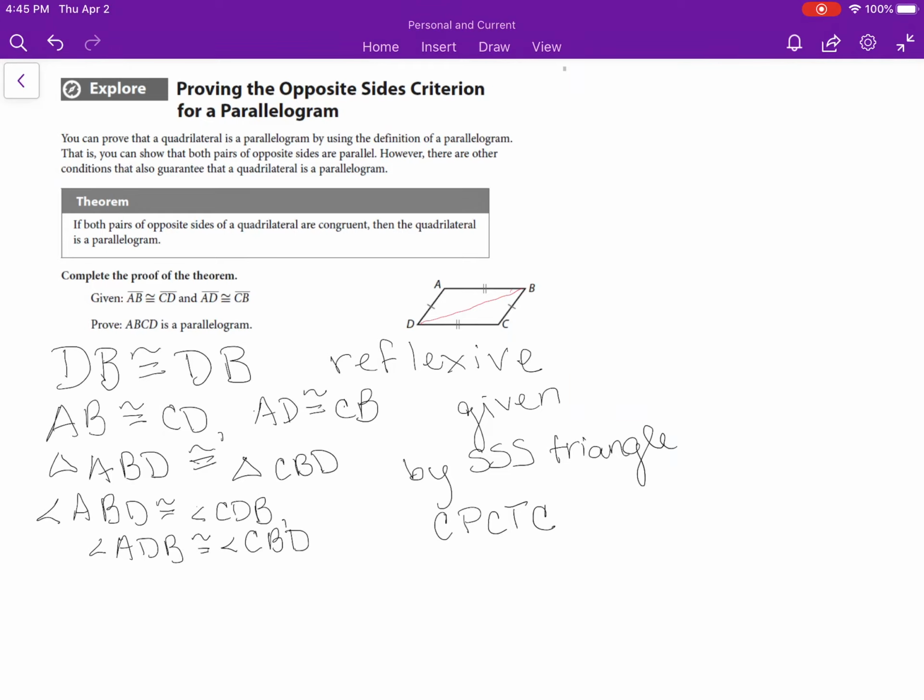So using that property, I see that AB is parallel to DC, and AD is parallel to BC. And this is by what we call the converse of alternate interior angles.